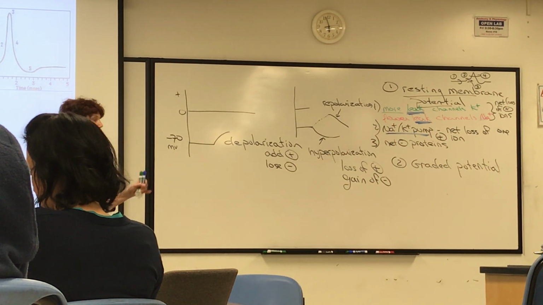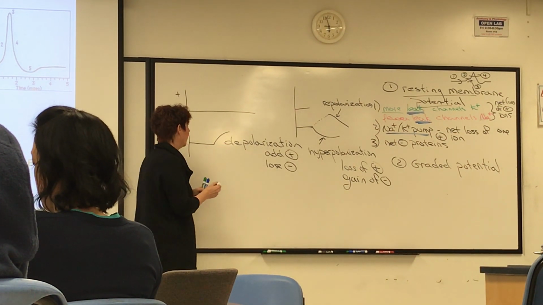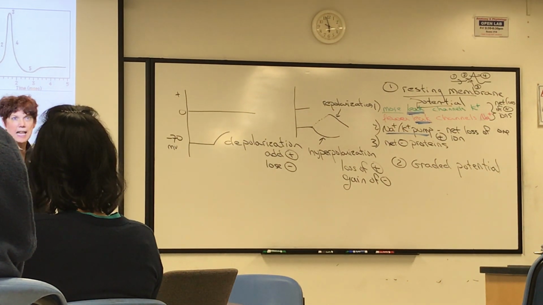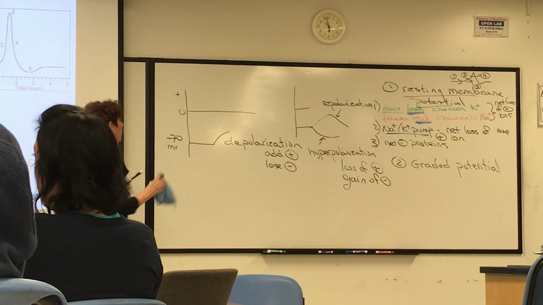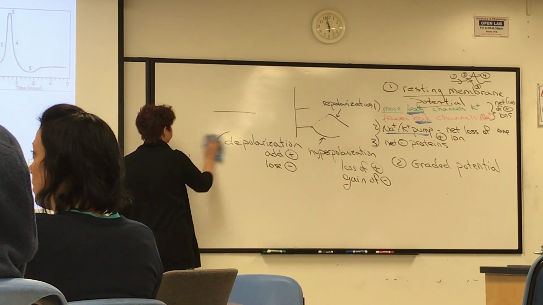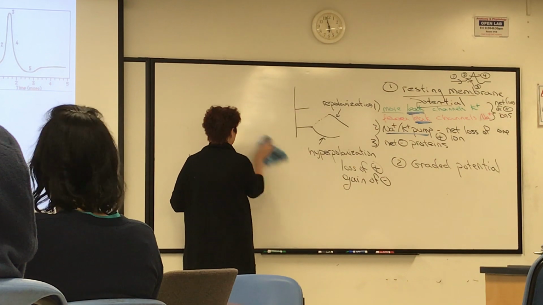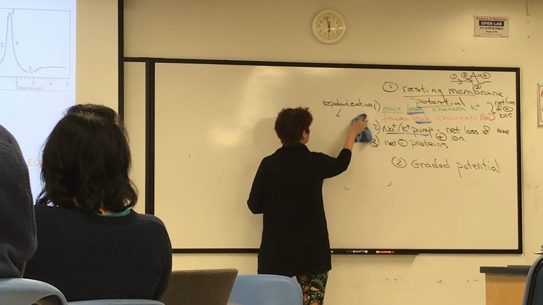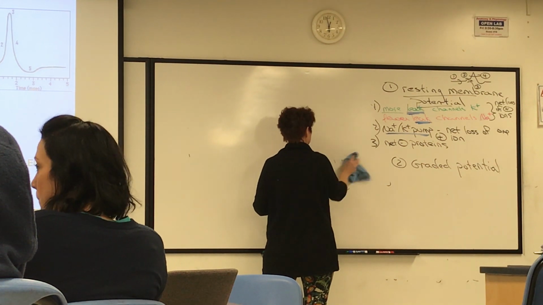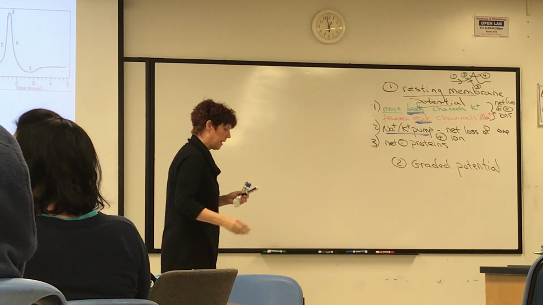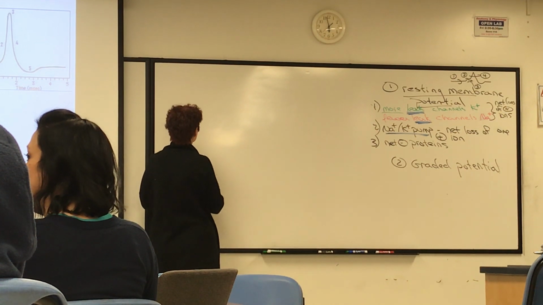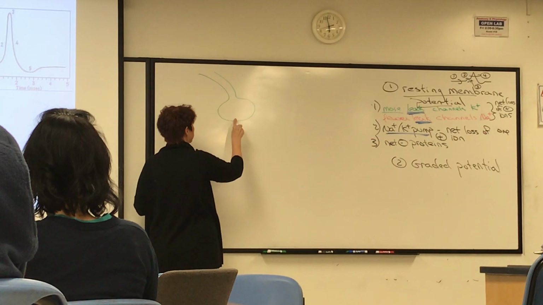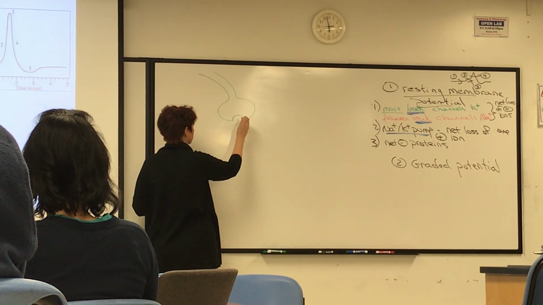Now, one of the reasons we call it graded is because if we have, and I'm going to erase this here if I may, and diagram a neuromuscular junction at a skeletal muscle. So when we look at that, if you look at a lower motor neuron, synaptic terminal, releasing acetylcholine.